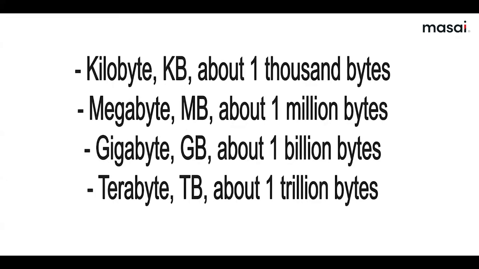We have similar things around bytes as well, such that 1 kilobyte is around 1000 bytes, 1 megabyte is around a million bytes, 1 gigabyte is around a billion bytes, and 1 terabyte is around a trillion bytes, right? So next time, whenever you are transferring a movie to your phone and it says 750 MB, you know that you are transferring around 750 million bytes, right?